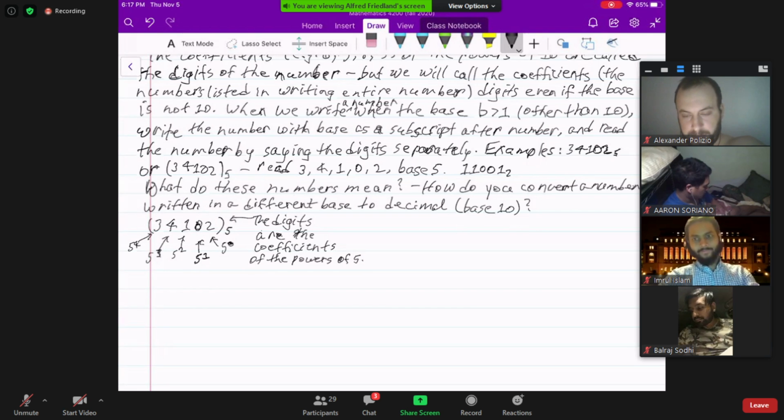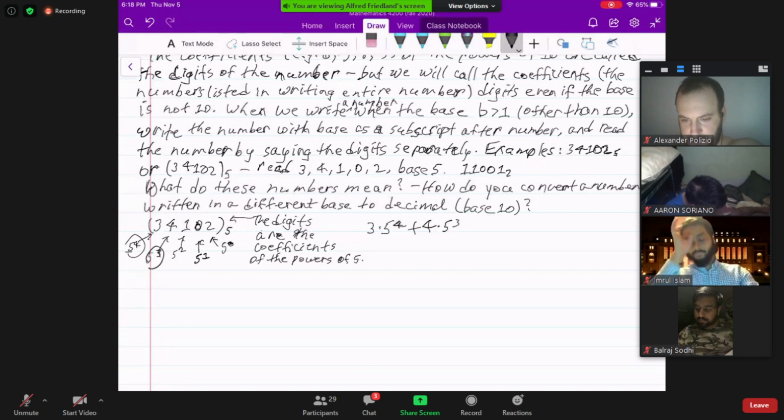So this number that I put into parentheses, you don't need the parentheses. So let's look at it. The 3 on the left is the coefficient of 5 to the 4. And the next number to the right, we saw when we counted from right to left, that 4 is the coefficient of 5 to the third.